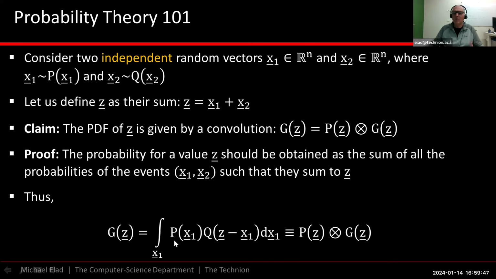So it's the probability of x1 times the probability of z minus x1. So basically the sum of this and this is always z. And by integrating over all the x1s, I'm basically scanning all the possibilities of getting x1 and x2 that sum to z. Now look at this expression. This is a classic convolution. This is a well-known result in probability theory. Good. I remind you, you are welcome to stop me anytime with questions.